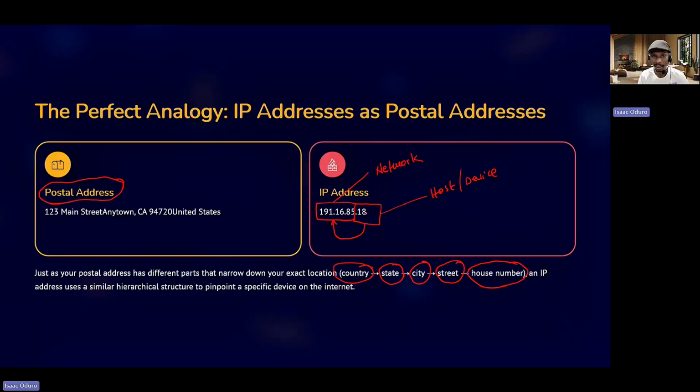So anytime you see an IP address, the last octet would tell you the device number as it has joined the particular network. IP address can be linked to a postal address.